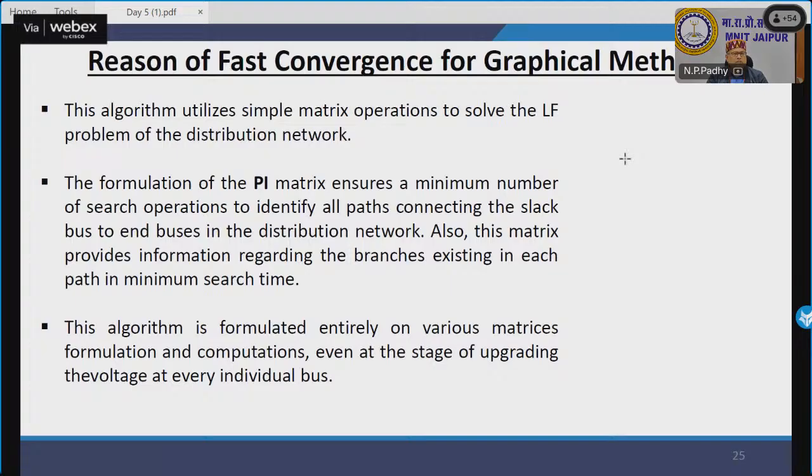Also, this matrix provides information regarding the branches existing in each path in minimum time. This algorithm is formulated entirely on various matrices, in formulation and computation, even at the stage of updating the voltage at every individual bus.